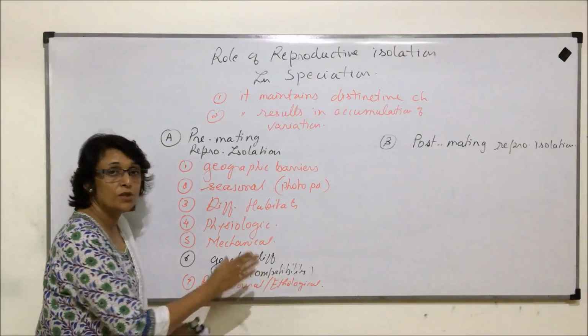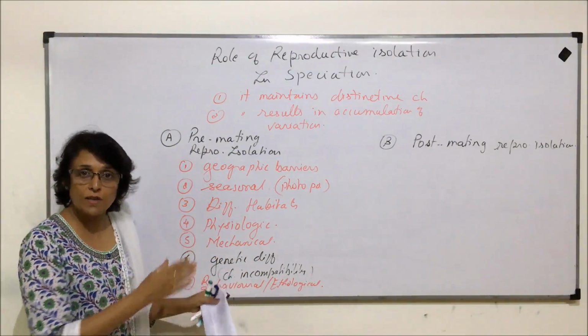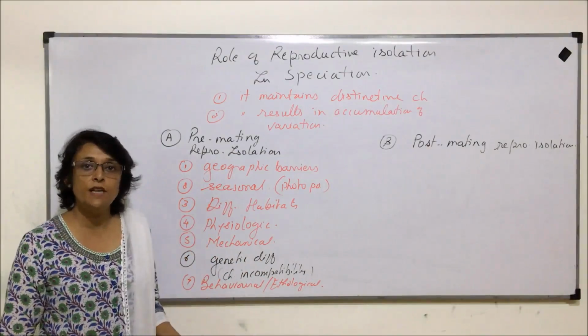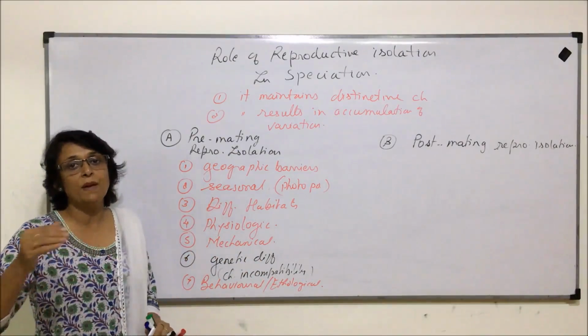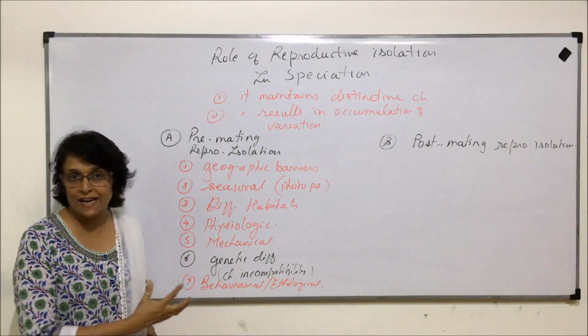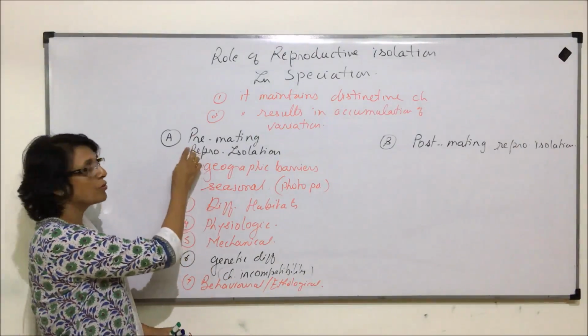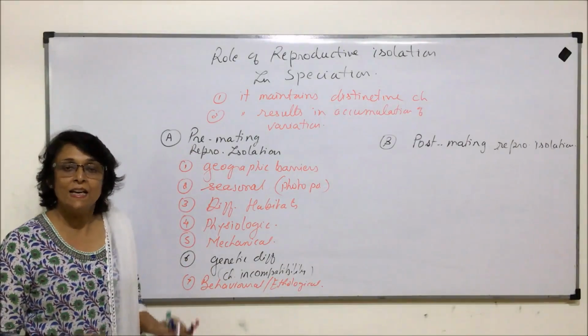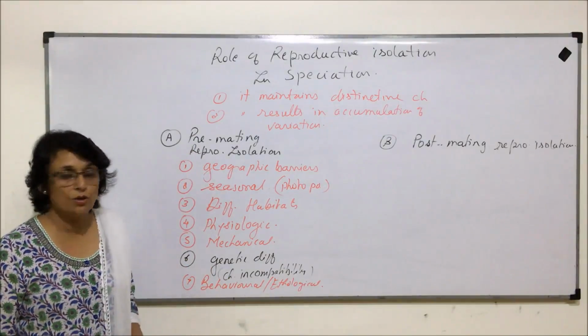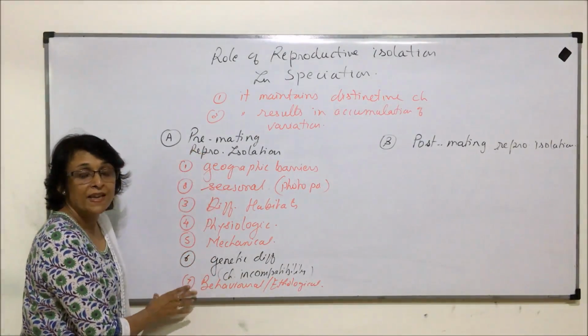So if the members of different species or subspecies have different types of courtship, the other member may not even understand that this is the courtship gesture. So that can also result in pre-mating reproductive isolation. So this is very common.